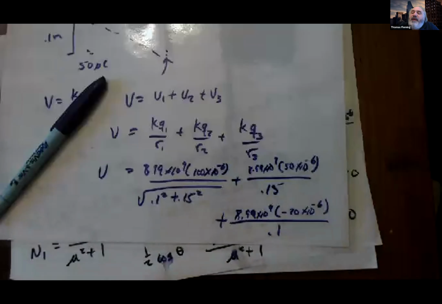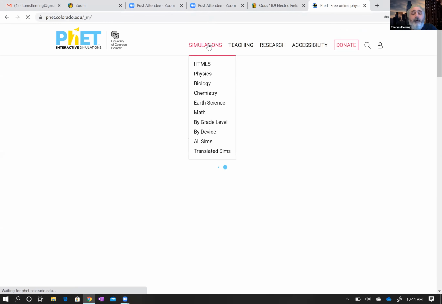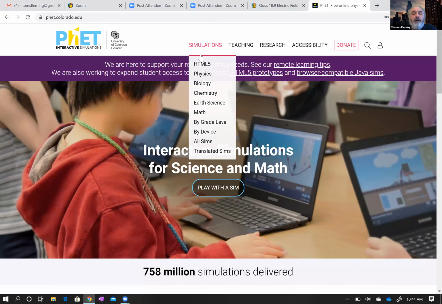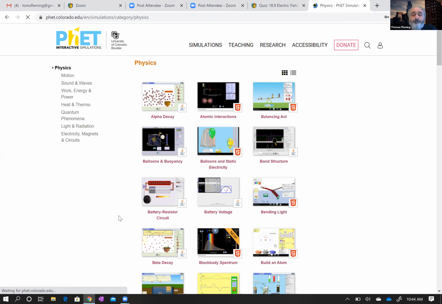I want to think about how the electric potential and the electric field are related to each other because they are related to each other. Now, to see how, let's swap to another screen share. But this time, what I want to look at is another one of my favorite little physics simulations.